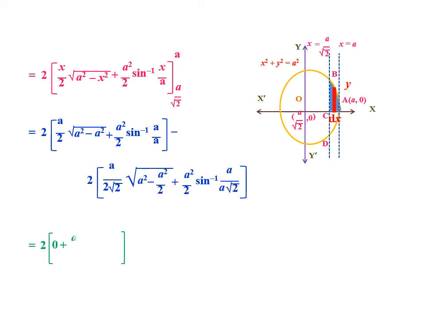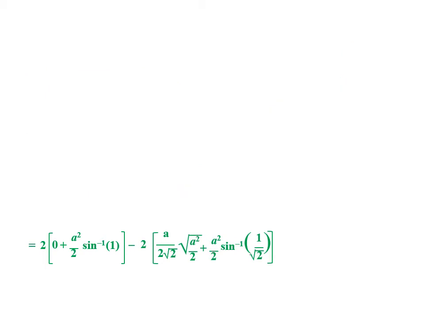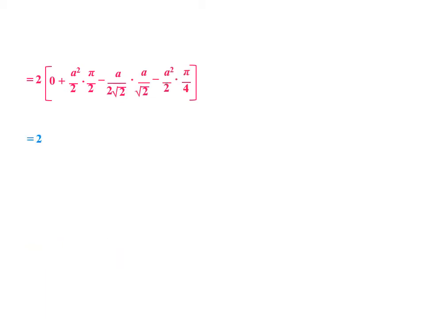Substituting the limits in the same formula and simplifying we get 2 into 0 plus a square pi by 2 minus a upon root 2 into a upon root 2 minus a square pi by 4.